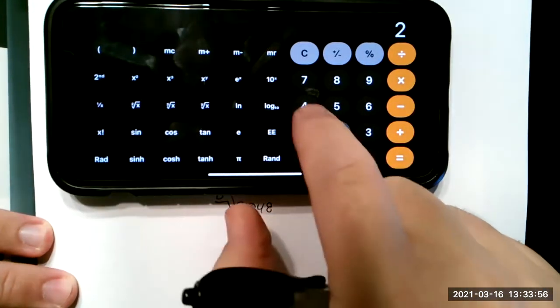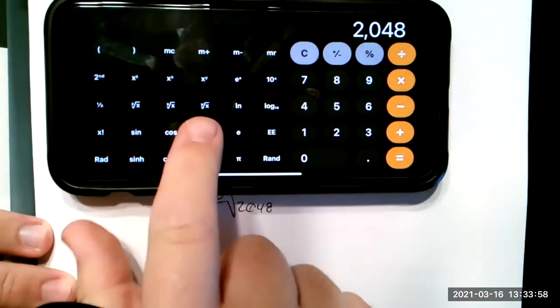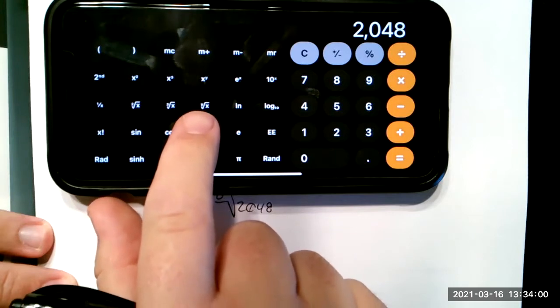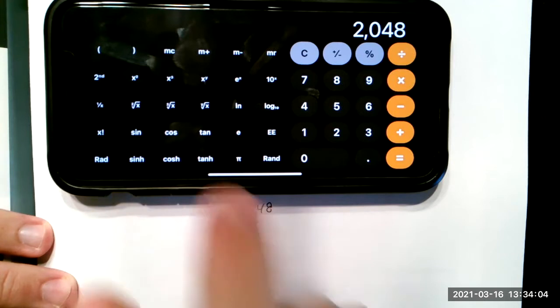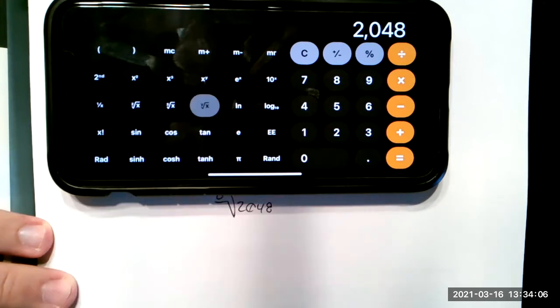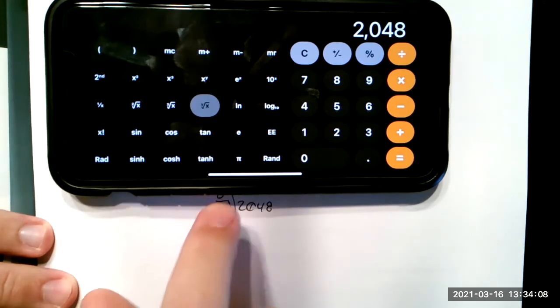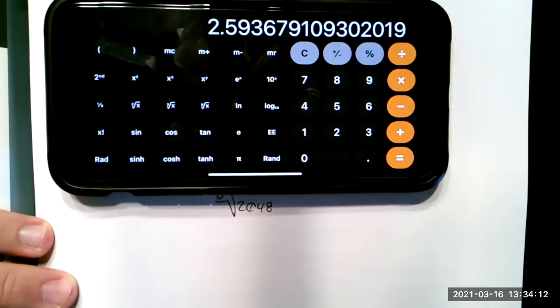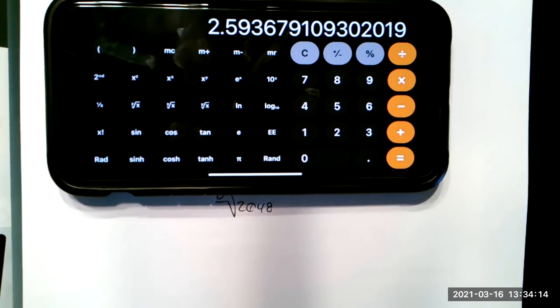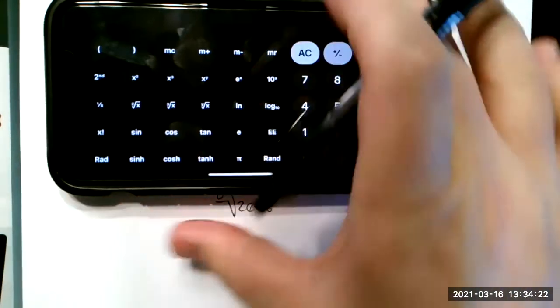I'd type in 2048. I'd hit that button that says y root x. I'm assuming Android phones would have the same thing. And now I type in the index that I want, which is 8, the 8th root. Of course it doesn't work out nice because I just made it up. But the 8th root of 2048 is that nastiness. Okay, so that's how you could use that.